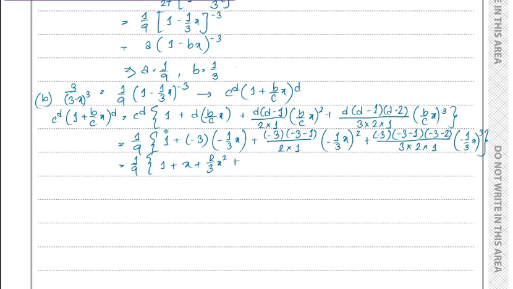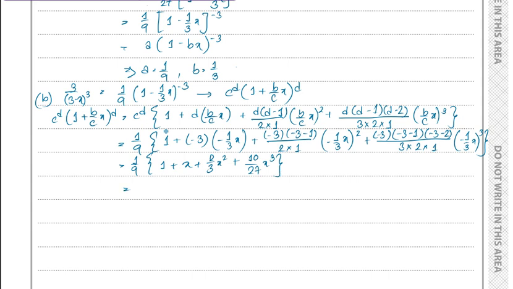And this minus 3 multiplied by minus 4 multiplied by minus 5 divided by 6 multiplied by minus 1 by 3 cubed would be plus 10 by 27 x cubed.